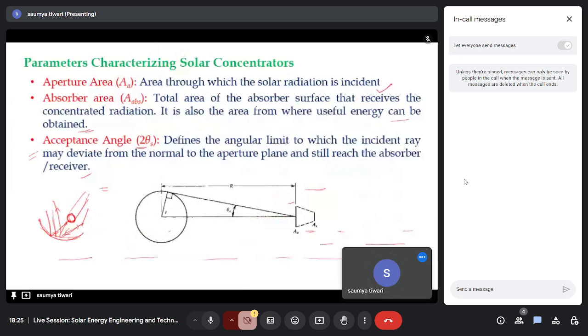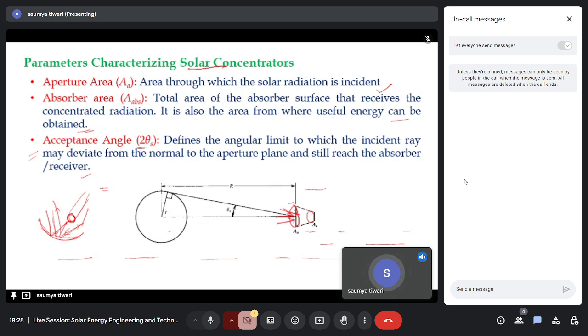So if you talk about the important parameters in a solar concentrator, we need to know what is aperture area, what is absorber area, what is acceptance angle, what is intercept. So aperture area, say if this is your device, is the area through which your solar radiation is incident, right?